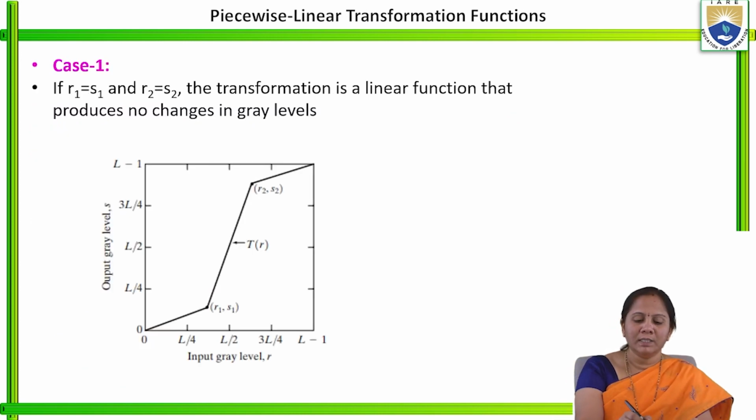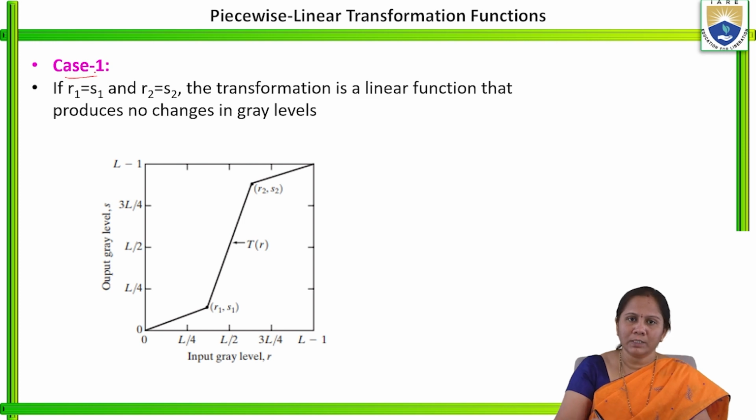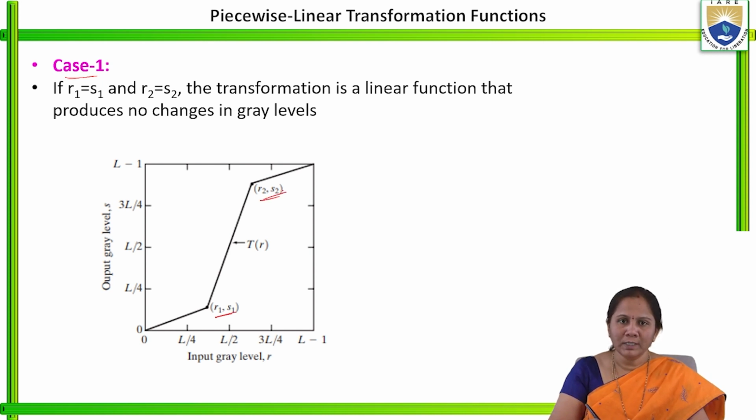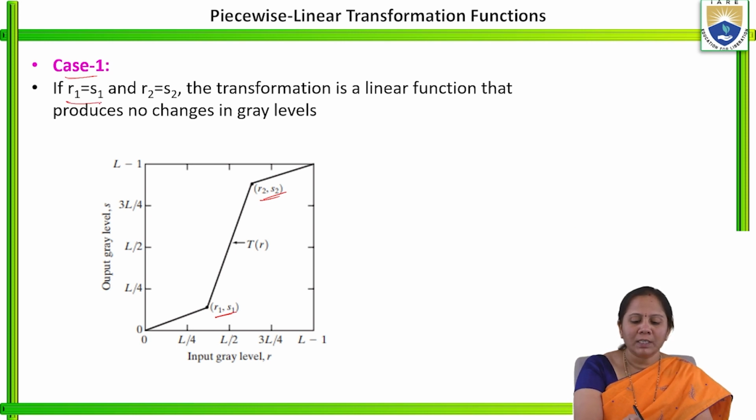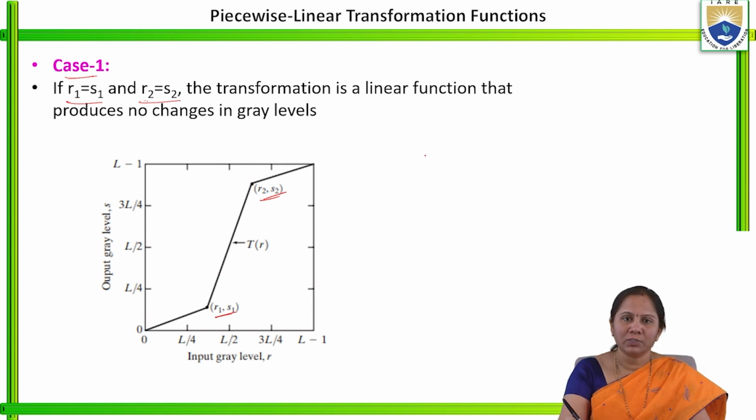Now consider case 1. Here (R1, S1) and (R2, S2) are the two points. If R1 is equal to S1 and R2 is equal to S2, the transformation is a linear function that produces no change in the gray levels.